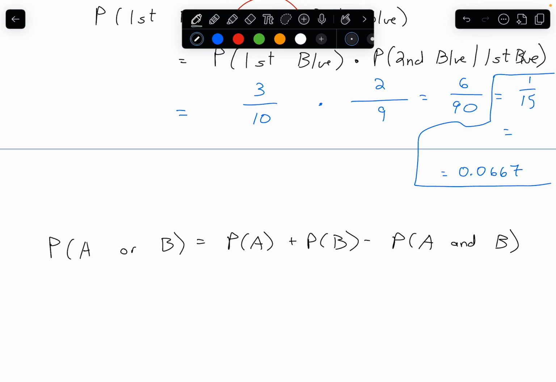So in general, when we're talking about or probabilities, we're going to be adding and perhaps subtracting. It's going to depend on whether those two events are mutually exclusive or not.